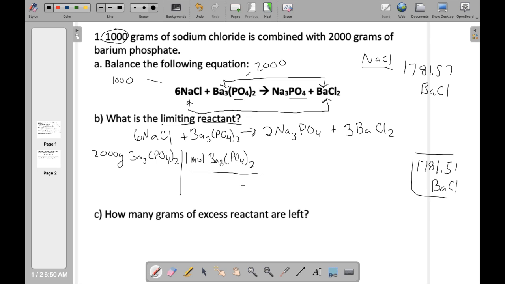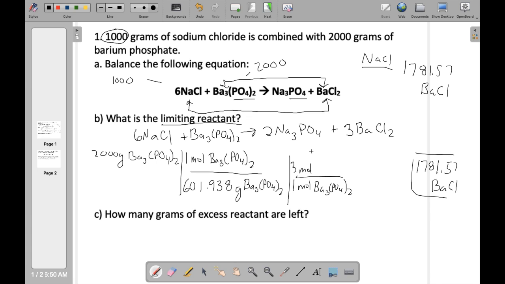Equals, I'll find the molar mass, 601.938 grams of barium phosphate. Now I would do my ratio. So 1 mole of barium phosphate equals about 3 moles of barium chloride.